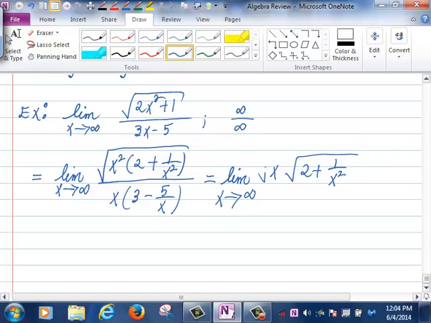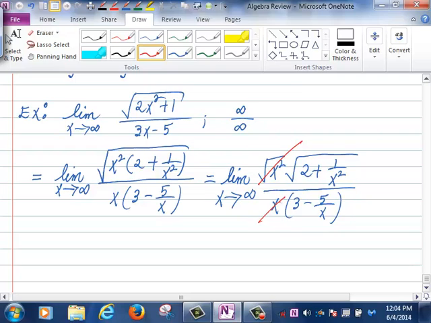Basically what I should be having is this, right? Root of x squared times the root of 2 plus 1 over x squared, and here I get x times 3 minus 5 over x. Everybody's okay with that? Now root of x squared and x, they will cancel out, right? This will cancel out this x here because they are the same.